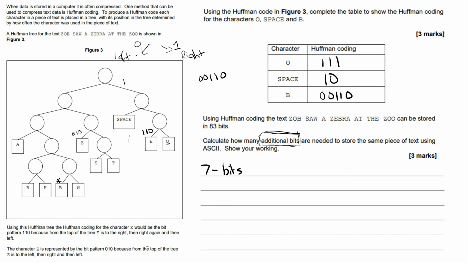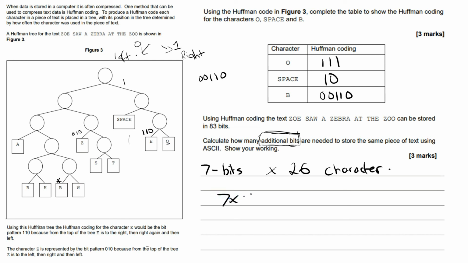So we've got 1, 2, 3, 4, 5, 6, 7, 8, 9, 10, 11, 12, 13, 14, 15, 16, 17, 18, 19, 20, 21, 22, 23, 24, 25, 26. So it's 26 characters. So we have to do 26 times 7.